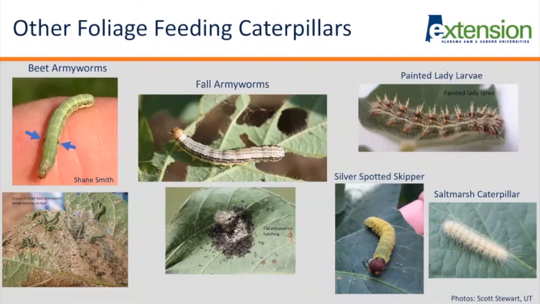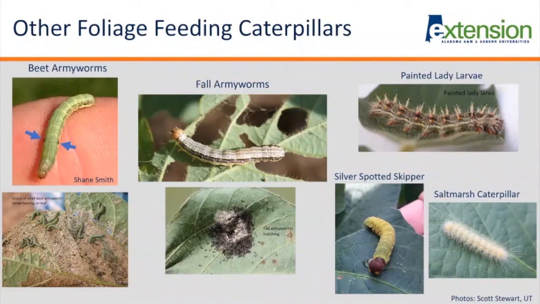And here's just some images of some other pests that we may or may not see. Beet armyworms, which Dr. Smith already described in great detail, and we mentioned that we saw a field infested this year with beet armyworms, which you may see fall armyworms, you may see silver spotted skippers, salt marked caterpillars, painted lady larvae, all of these different things.